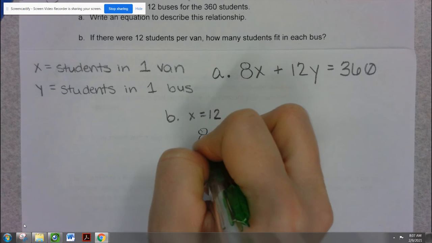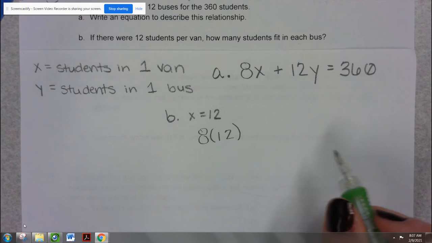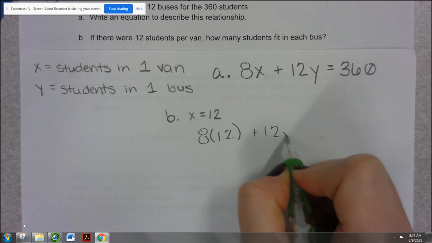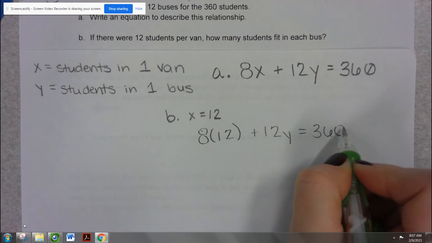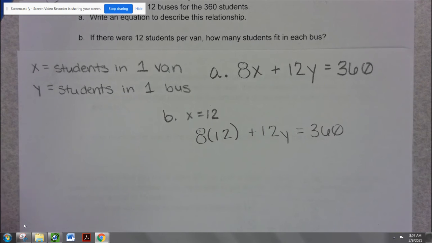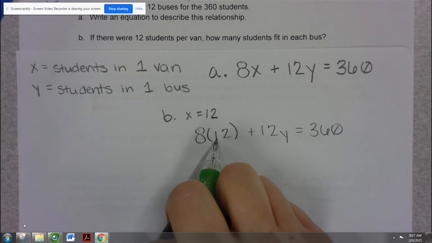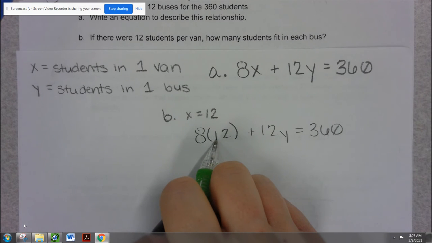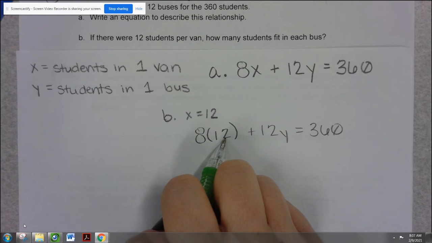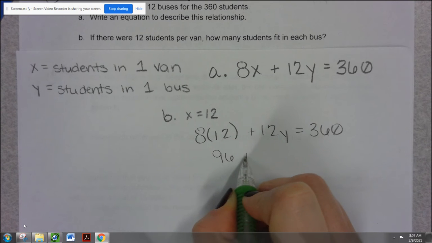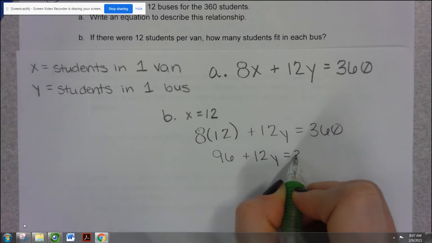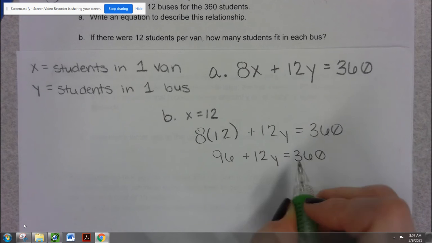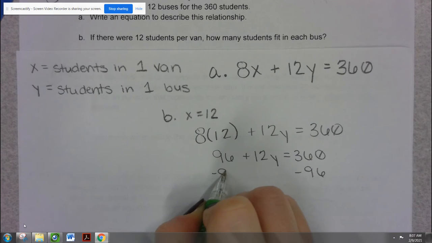So I have 8 times 12 plus 12Y being 360. Now again, this is calculator inactive, so I have to be able to do this in my head. So 8 times 10 gives me 80. 8 times 2 gives me 16. 80 and 16 gives me 96. I'm going to subtract 96 from both sides.